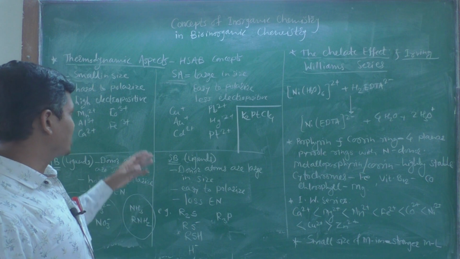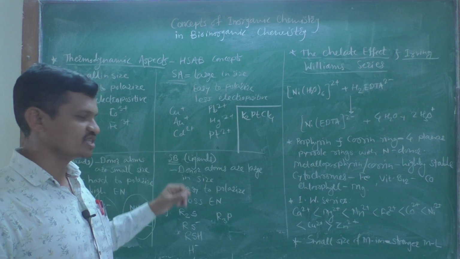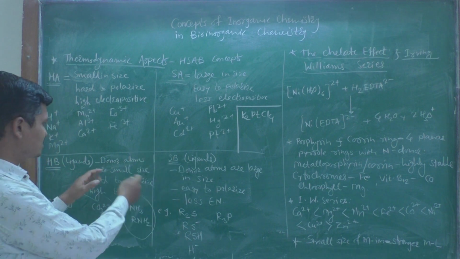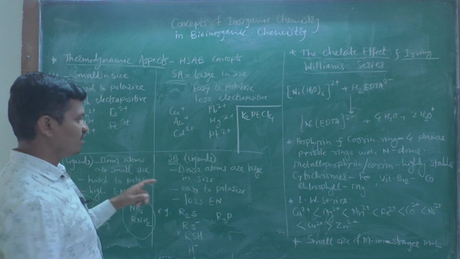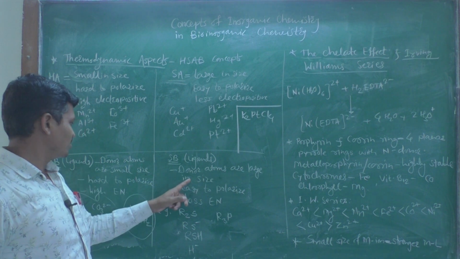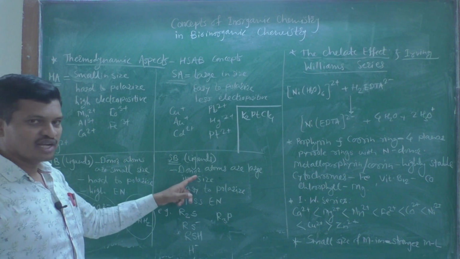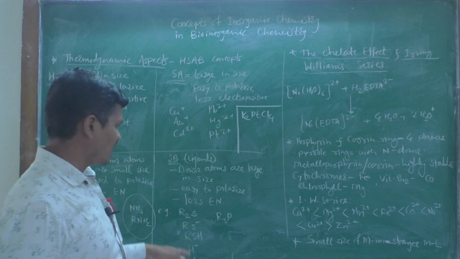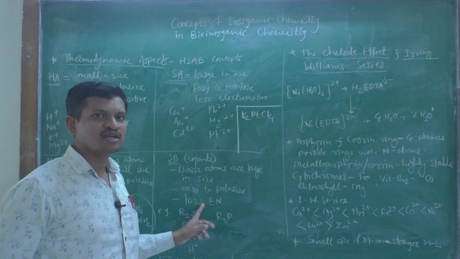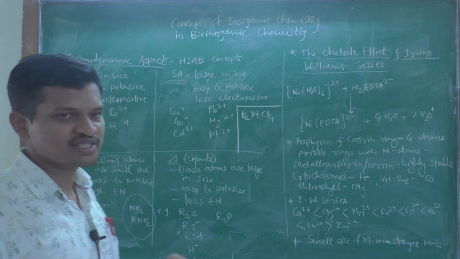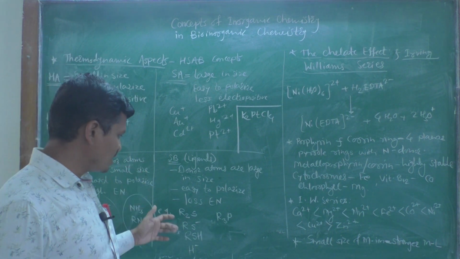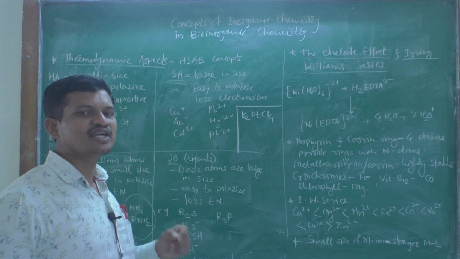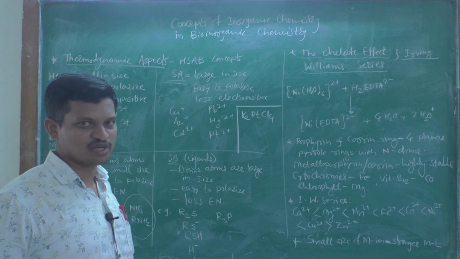The last subtopic of this HSAB is soft bases or soft ligands. Exactly opposite to this, the donor atoms are larger in size. Here it is smaller, here it is larger in size. They are easy to polarize, and the donor atoms are less electronegative. The examples are the ligands or bases containing sulfur and phosphorus atoms.